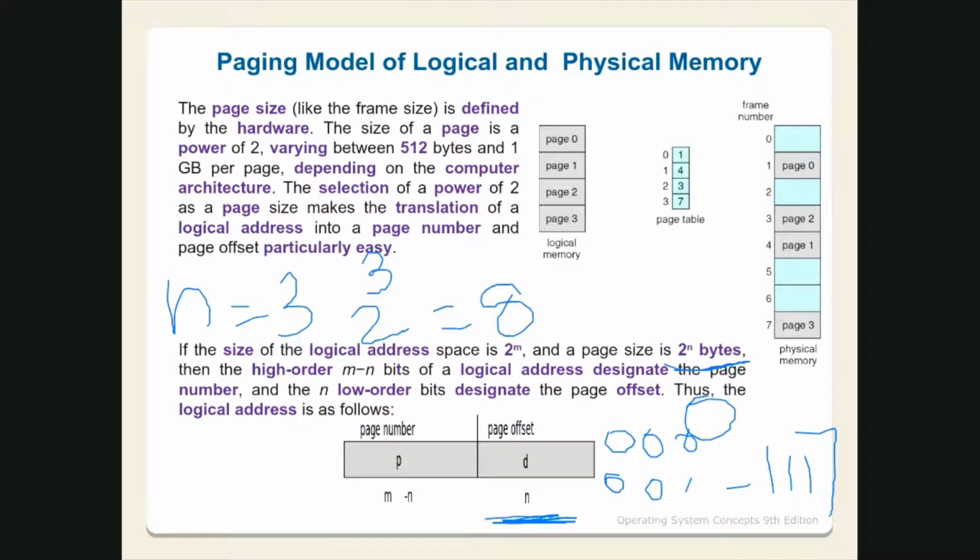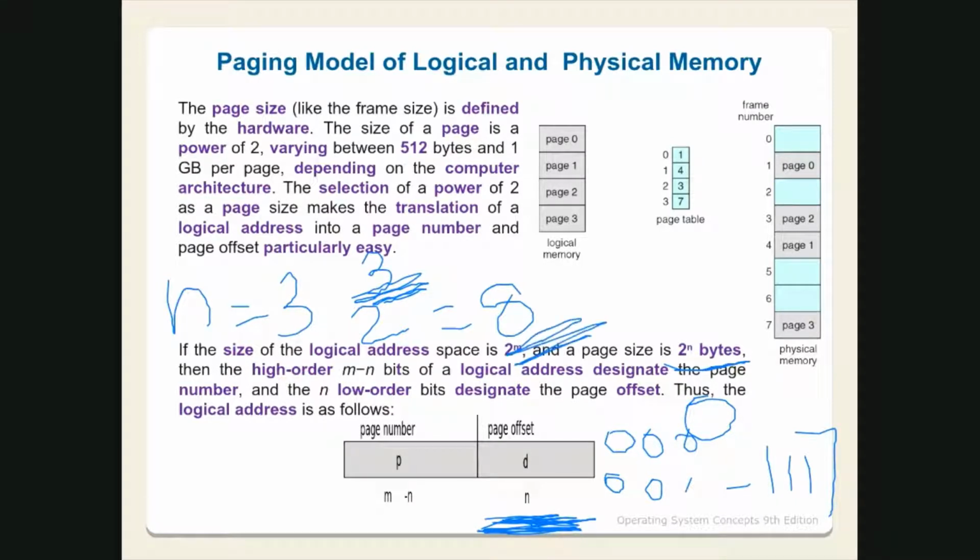So I can refer to 8 bytes using the address of 3 bits. Where does the 3 come from? 3 comes from the n value. So 3 bits are required to refer to the 8 bytes.